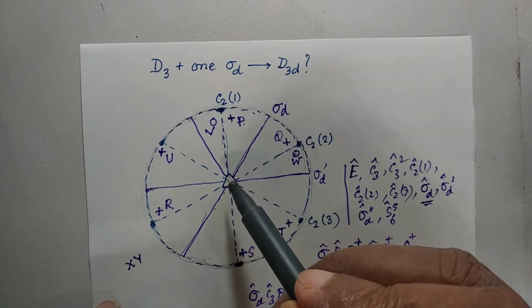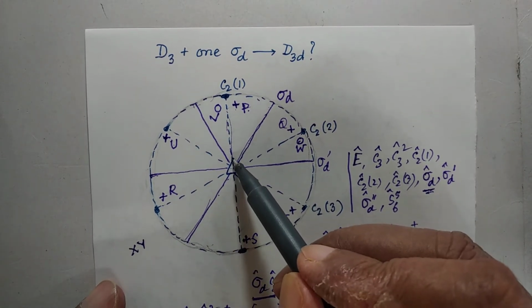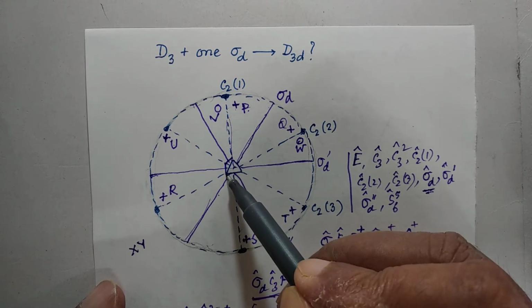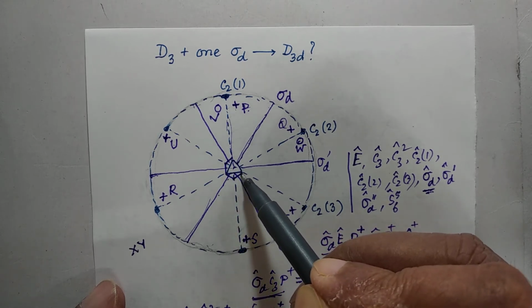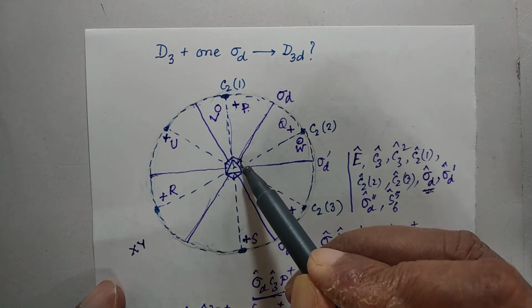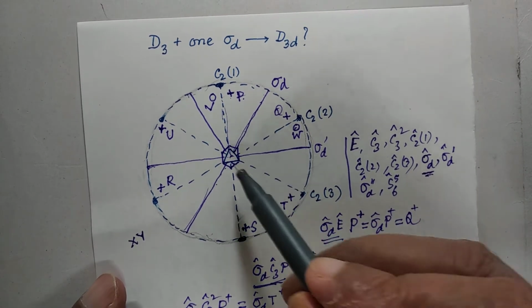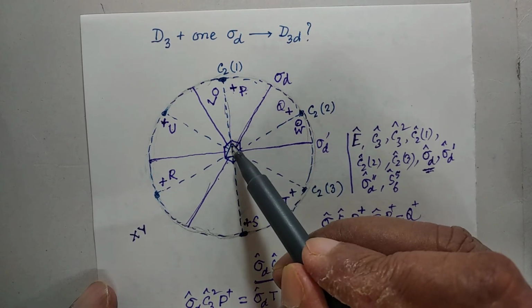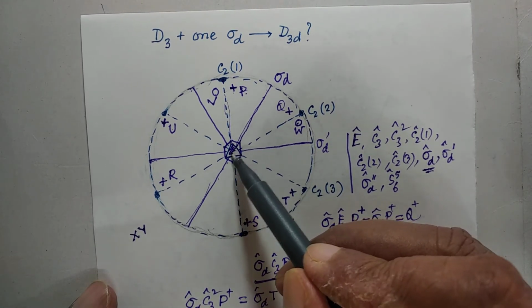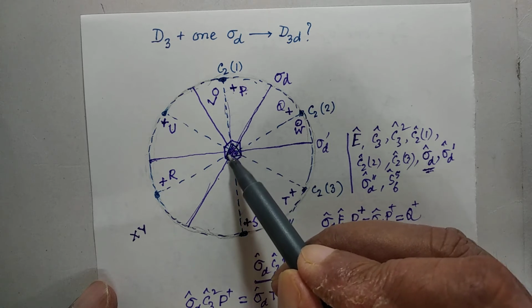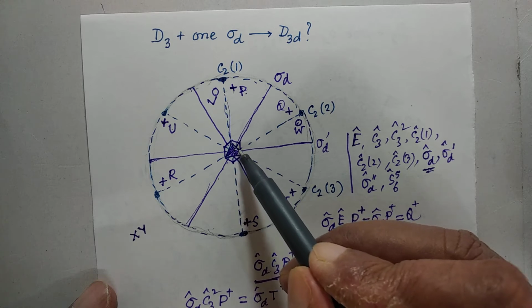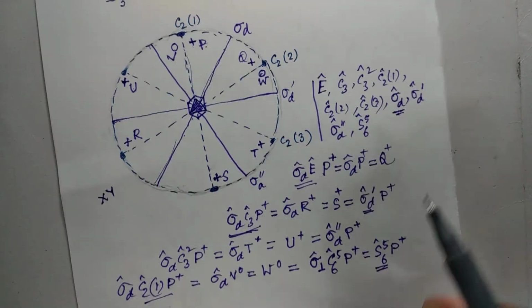So here the existence of S6 will be denoted by a hexagon like this. Existence of the improper 6-fold axis will be denoted in this manner. The inscribed triangle will be darkened. This means that the S6 axis is collinear with the principal C3 axis.